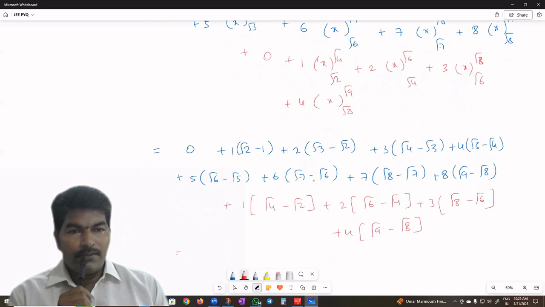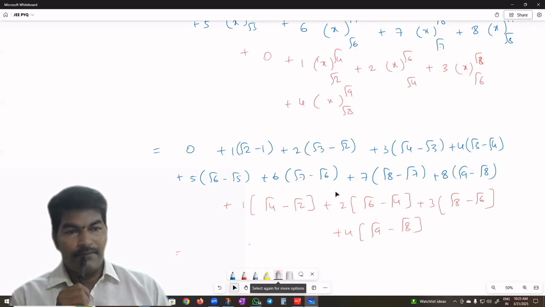Check how many √1s there are. Only minus 1 is there, right? √1s, minus 1. How many √2s are there? What we need, we will extract those numbers only.